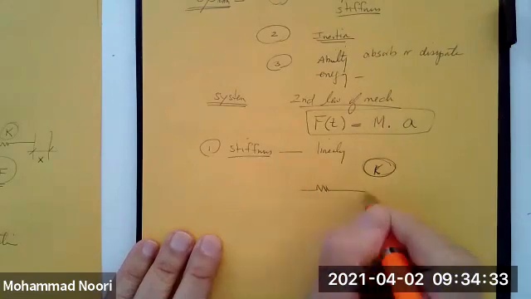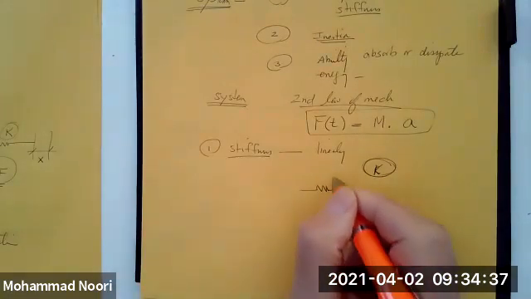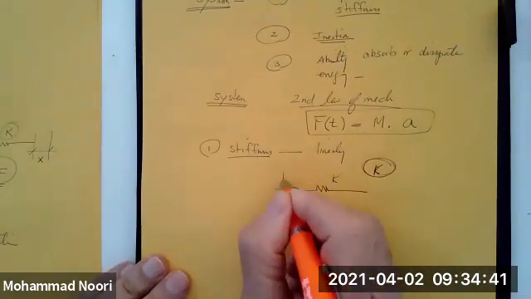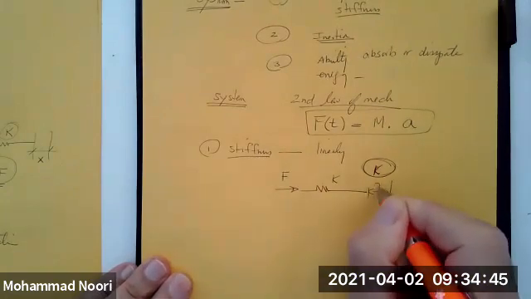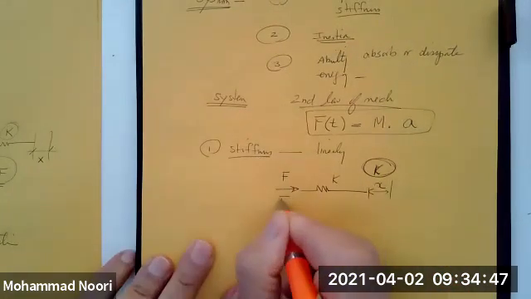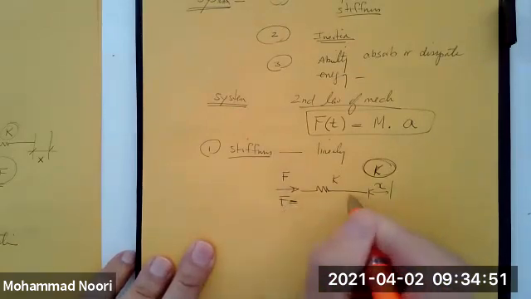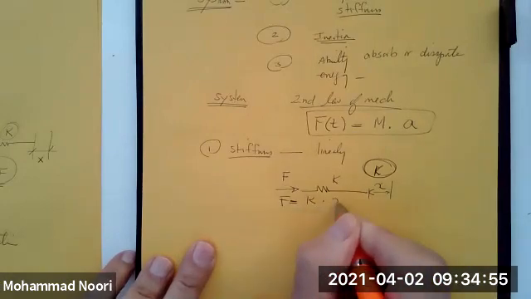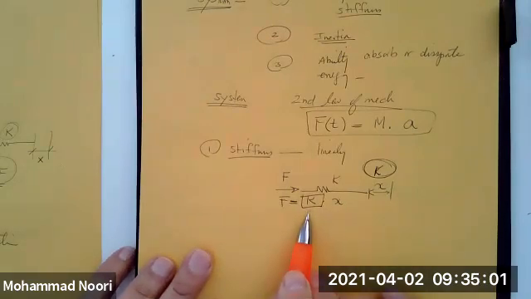What is the stiffness? The simplest way to describe a stiffness is a spring. A spring subjected to a force goes through deformation, and for a linear behavior, this force and displacement are related to each other through a quantity which we call the stiffness.